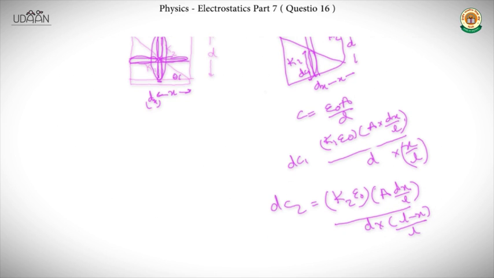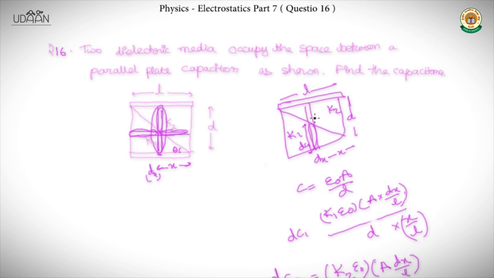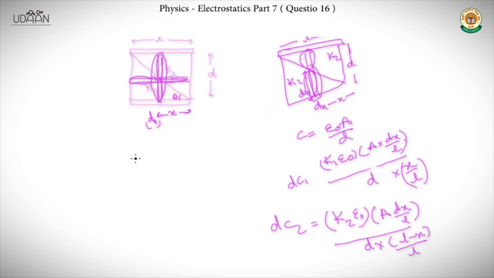So now we need to take these two in series combination to get the effective. So we get 1 by dc is equal to 1 by dc1 plus 1 by dc2.